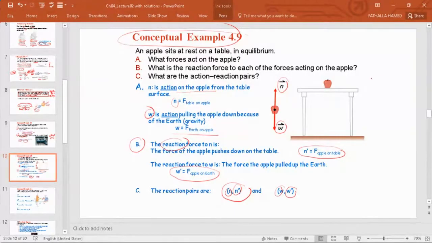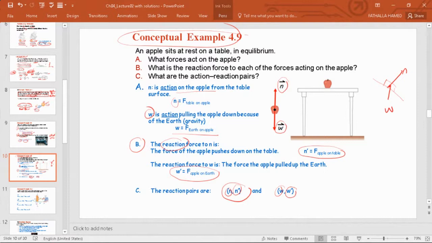For example, if you have an incline like this and you put a mass on top of it, the normal force is always normal to the surface, and the weight is always down toward the center of the earth, or along the normal to the surface of the earth. So you can see N and W here are not opposite each other, meaning they are not equal to one another. So I don't want you to fall into that trap thinking that the normal force and the weight are action-reaction forces, because this is not the case.